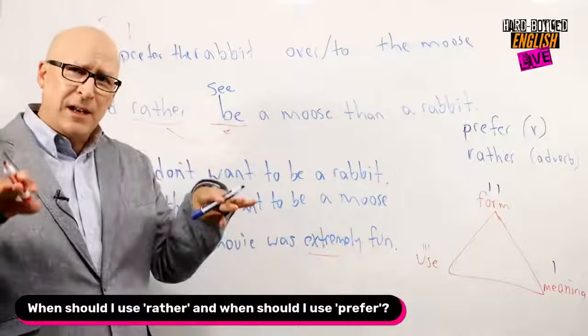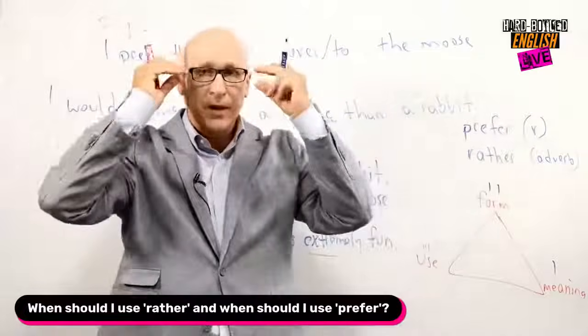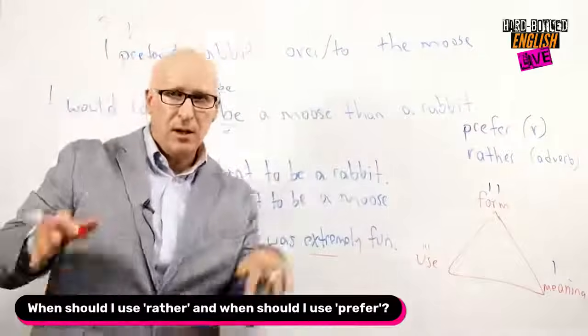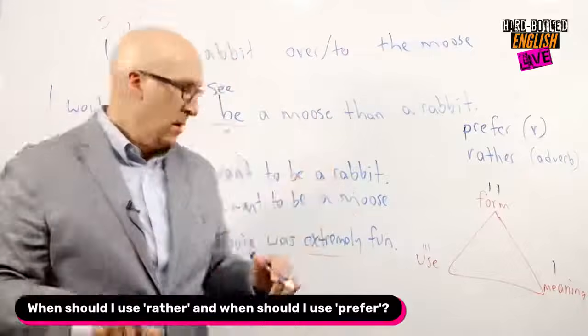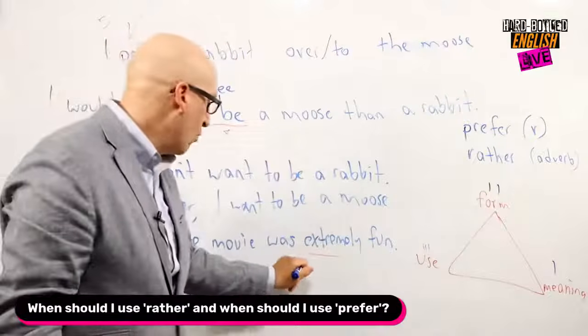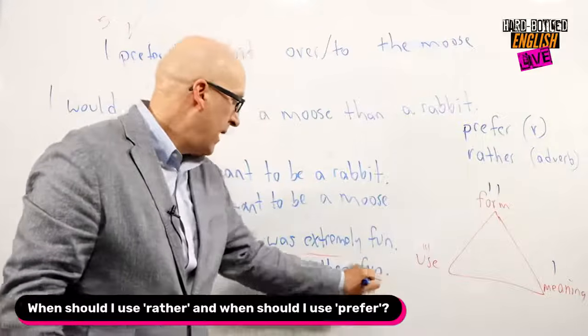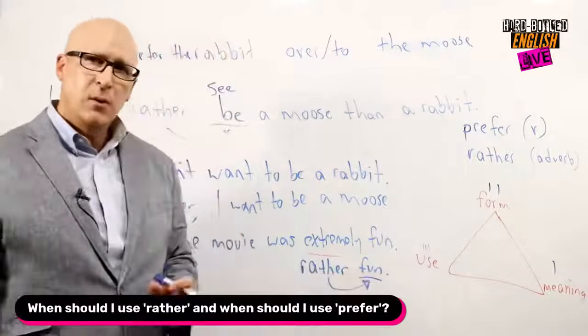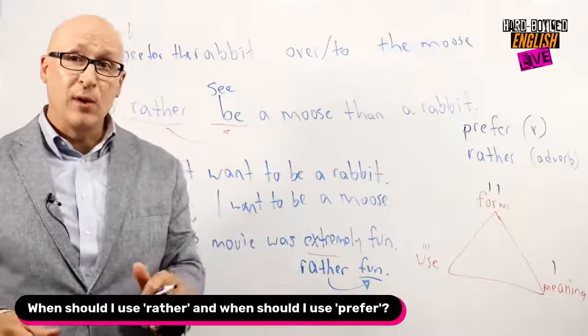Now, if we want to just make that softer, extremely sounds like really excited, right? Extremely fun. If we want to do the opposite expression, bring it down. It was fun, but not a big deal. You might say the movie was rather fun. Okay, it was fun. It was fun, but no big deal. Other things have been more fun.